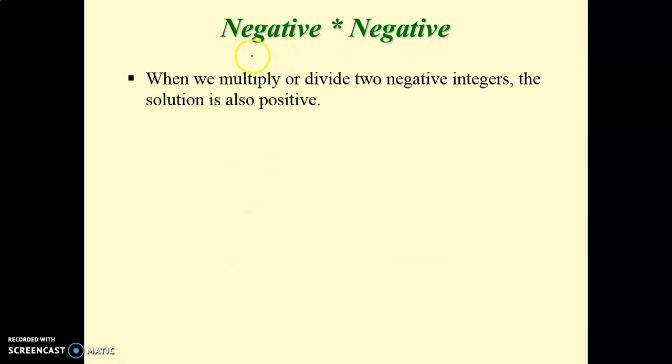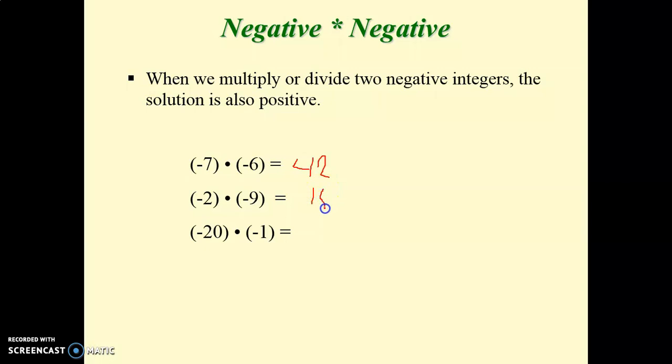Okay? The next one, we're going to have negative and negative. When we multiply or divide two negative integers, the solution is positive. Okay, we have here negative 7 times negative 6, that is still positive 42. Negative 2 times negative 6, negative 9 I should say, that is positive 18. And then negative 20 times negative 1, that is positive 20.